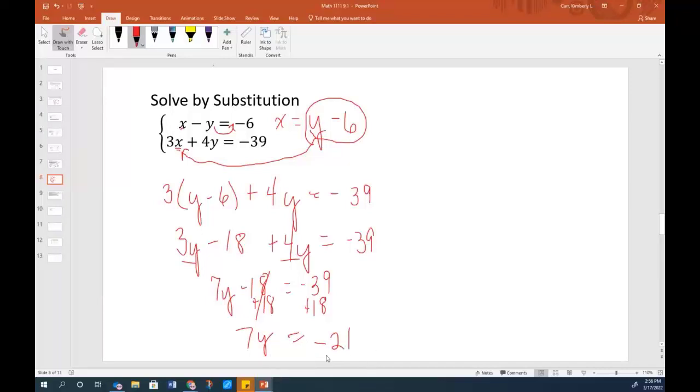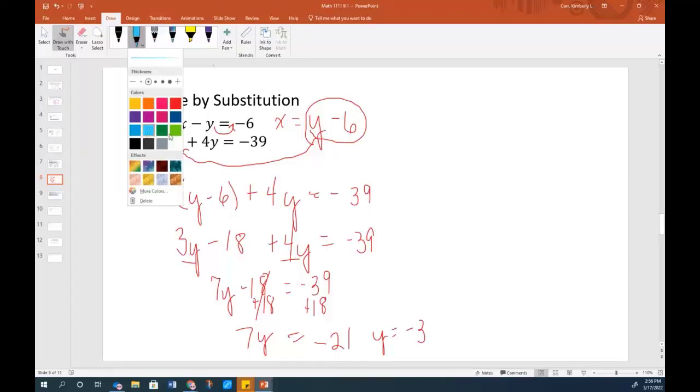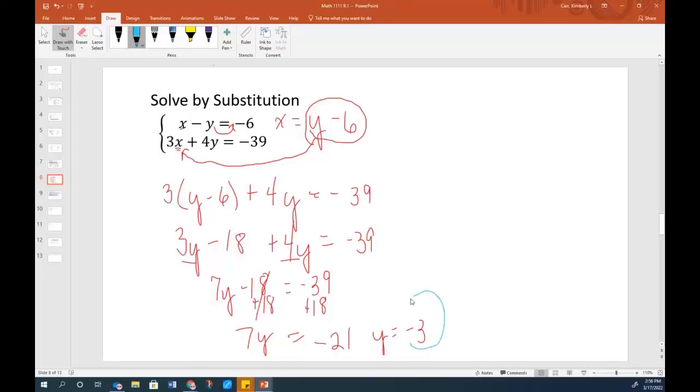Divide both sides by 7, and I have y equals -3. Once you know what your first variable equals, you take that answer and go back to what you did for step 1. So x was equal to y minus 6, so x is equal to -3 minus 6. x is equal to -9.